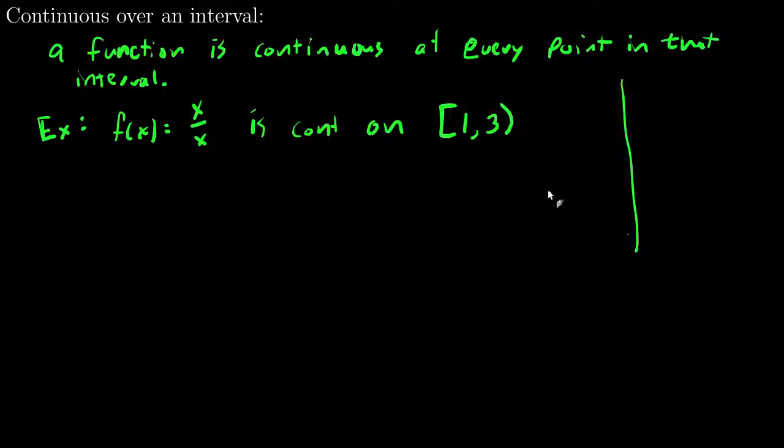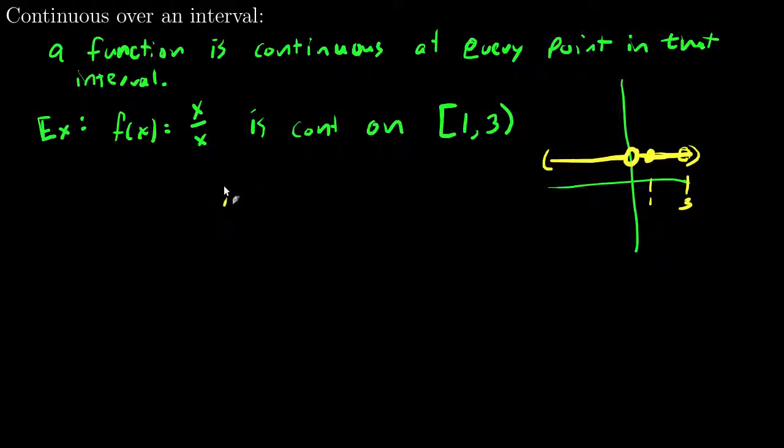And you can see that from the graph. This one is just the constant function at 1 everywhere except for where x is equal to 0. And from 1 to 3, including 1 and not including 3, I can draw this without picking up my pencil.